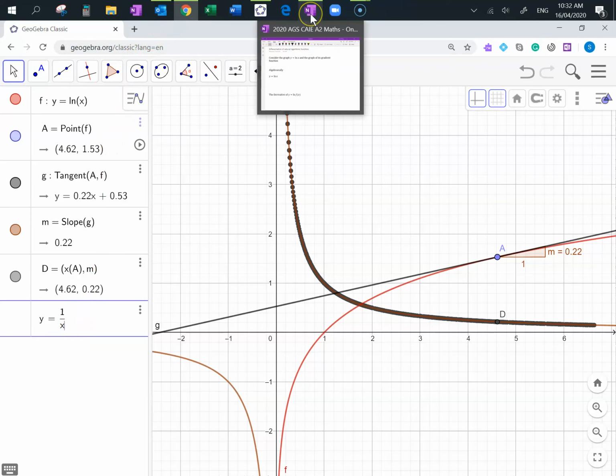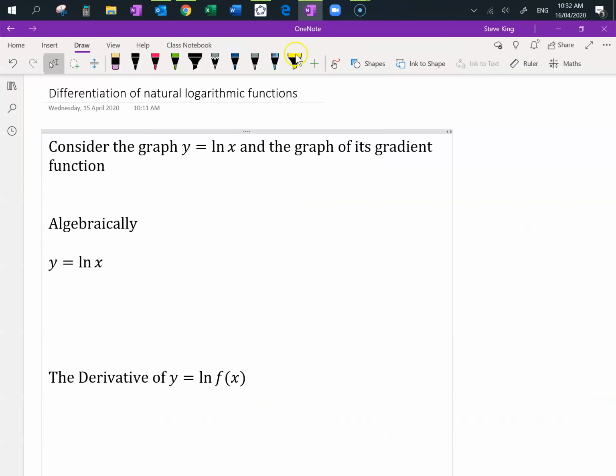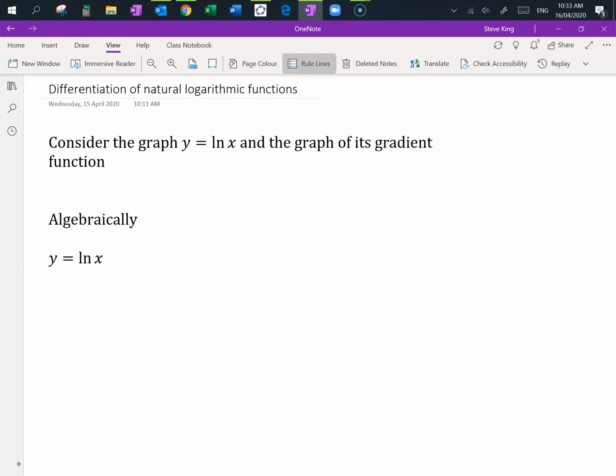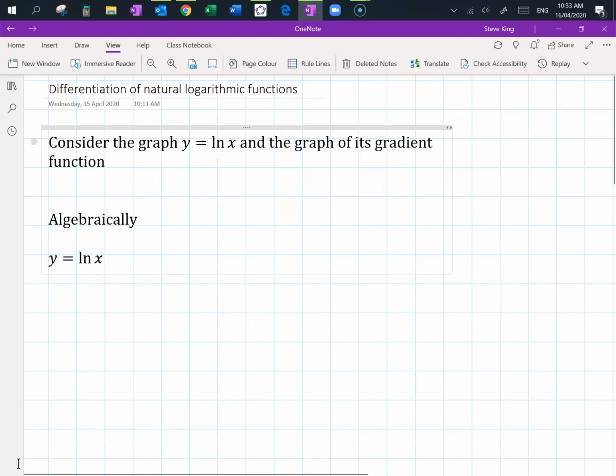Now, we can see that graphically, but we can also see this algebraically. So how does this work algebraically? Let's get some lines in there. Well, I've got my function y is equal to the ln of x.